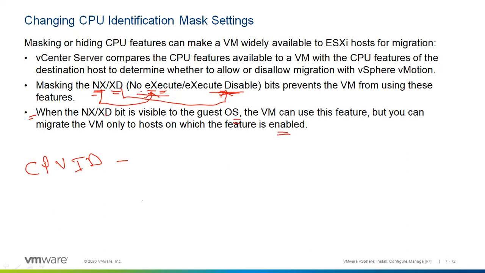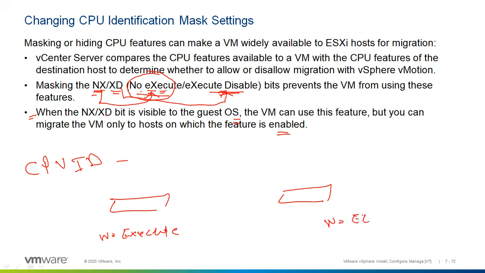Simple meaning. Take one example: I have two AMD hosts in the cluster where, on the host level, I have enabled this feature. Enabled means I have configured no execute. On the other host I have also configured no execute.